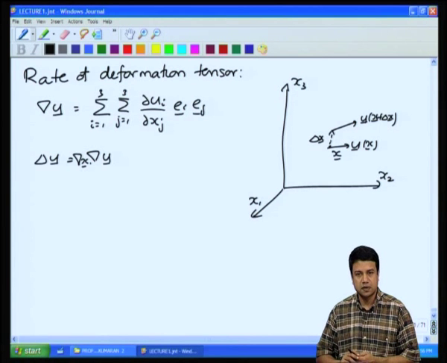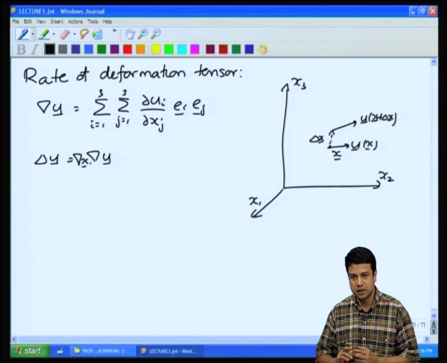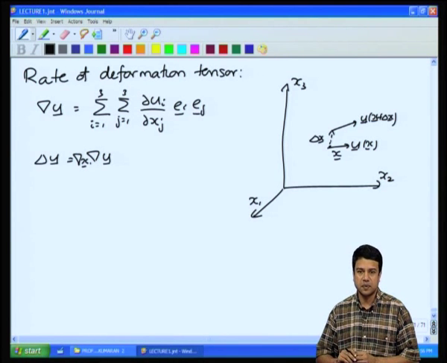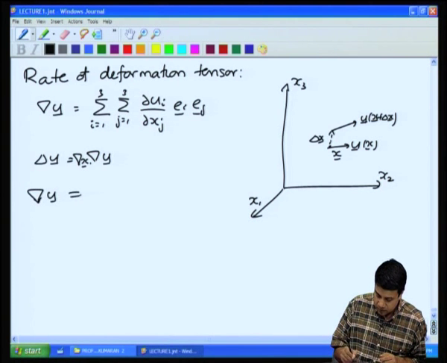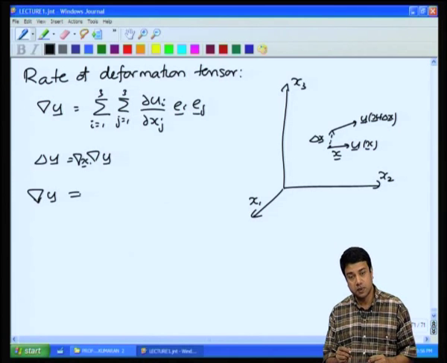It is a second order tensor, it has 9 components. However, as we discussed in the last class, this can be decomposed into fundamental modes of deformation. So, the gradient, which is the second order tensor, can always be written as the sum of two parts.